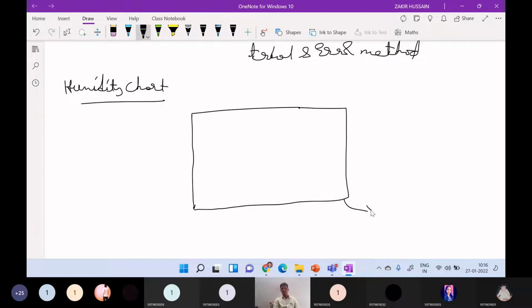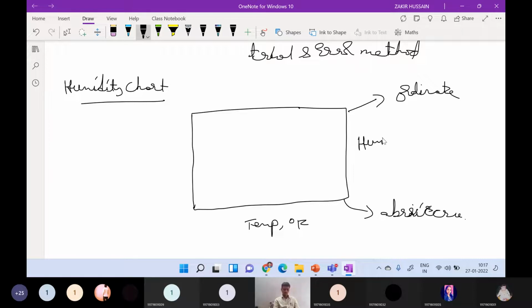This is called the abscissa, the x-axis, and the y-axis is called the ordinate. The x-axis will be your temperature, usually given in degrees Fahrenheit, and the y-axis will be your humidity, usually in the FPS system in pounds of water vapor per pound of gas or air.